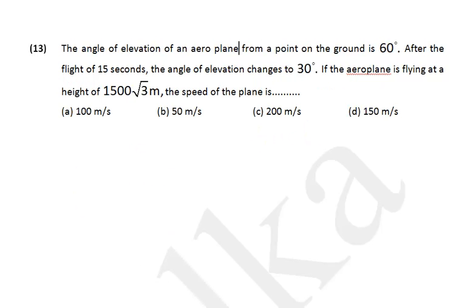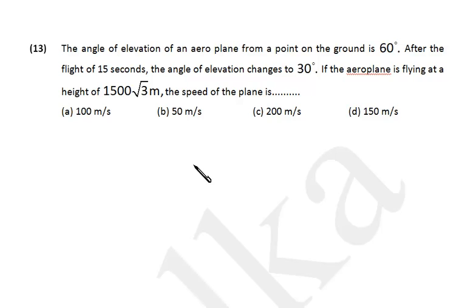Now this one. See friends, in the case of this height and distance problem, it is necessary to draw the diagram correctly, right? After that, it's just a cakewalk. In this case, the angle of elevation of an aeroplane from a point on the ground is 60 degree, right? I just draw the initial situation of the aeroplane.